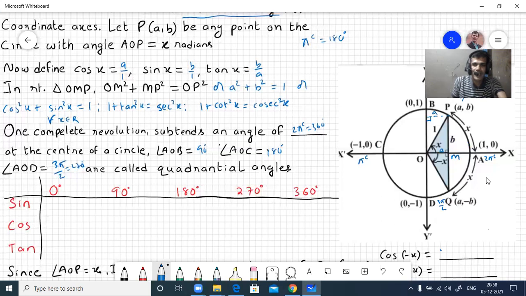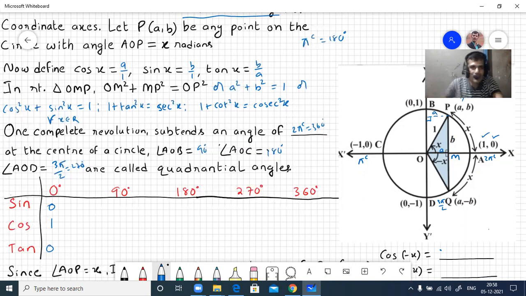Therefore, the quadrantal angles we can find here. Sine 0, here it is. See, we told the y coordinate will describe the sine value. So sine 0 is 0. The x coordinate will describe the cos value. Cos 0 is 1. Tan 0, sine theta by cos theta, 0 by 1, 0 itself.